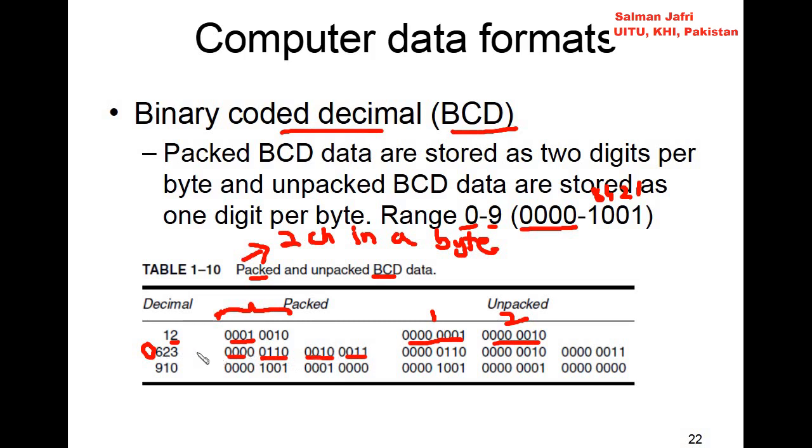If we want to store 623 in unpacked form, 3 bytes are required. Again, for storing 4 digits, the packed version is more memory efficient as compared to the unpacked version. The third example is similar. Please do it yourself.